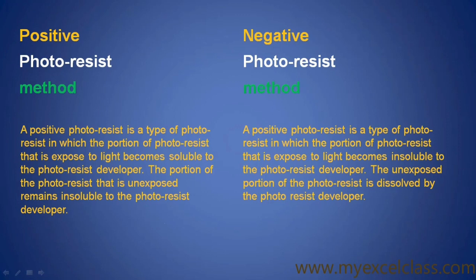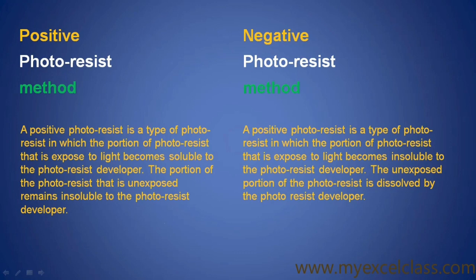You see here, these steps are the same. In both the positive and negative photoresist methods, we use UV, ultraviolet light, to expose. That is exposed to light. Okay. That becomes insoluble to the developer.